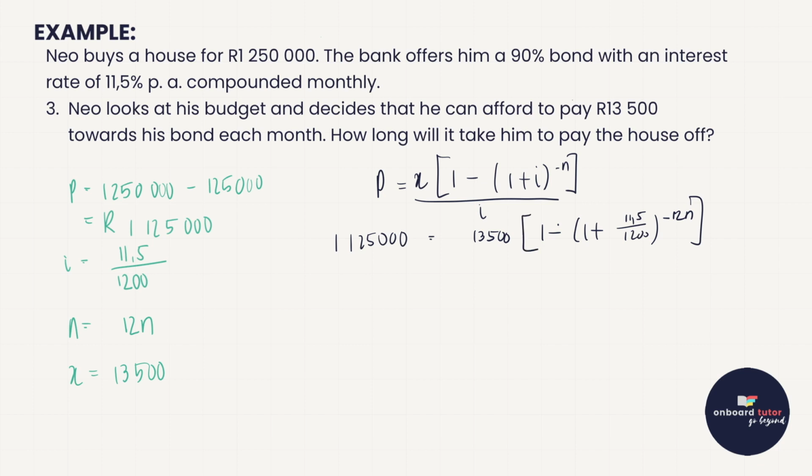And then all of that divided by the interest rate, 11.5 over 1200. Okay, now it's a little bit of a different solve for us, but that's okay.